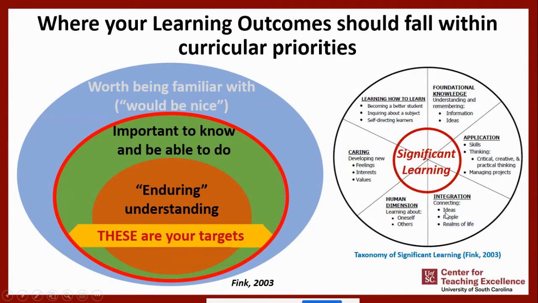And then there's also that significant learning that we talked about from Fink in 2003, where this is the meta level of learning, where not just foundational knowledge and application, but the connections, the higher level thinking, the human aspect, the metacognitive aspect, all those things can be woven into not just your learning outcomes, but the assessments as well that you provide.